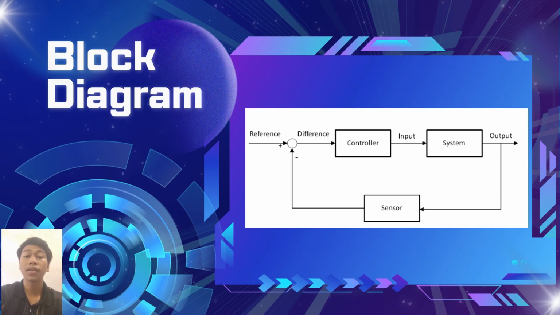The difference, the error, is processed by the PIC microcontroller, which then sends an input signal to regulate the system heating element and pump. The resulting output, the actual water temperature, is measured by the LM35 sensor, completing the feedback loop for continuous real-time temperature adjustment.